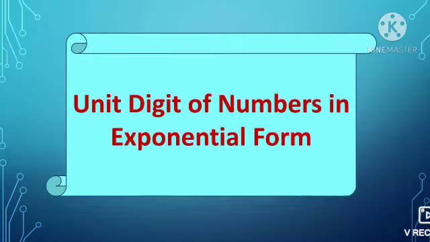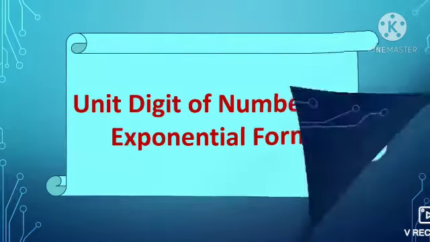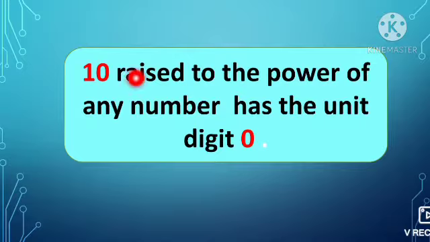Now let us recall the topic unit digit of numbers in exponential form, which we have learned in the last session. 10 raised to the power of any number has the unit digit 0. Multiplying 10 by itself several times, we always get the unit digit as 0.